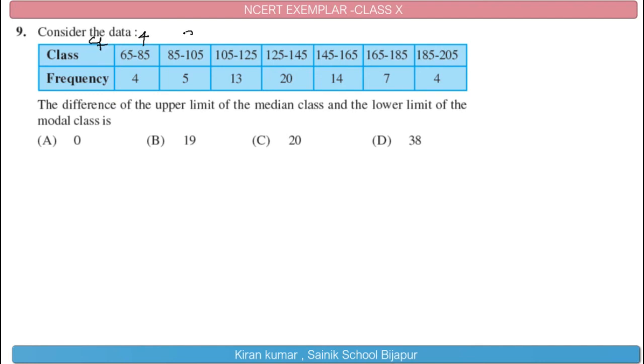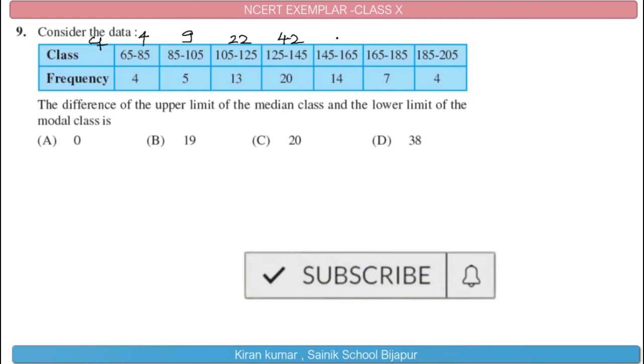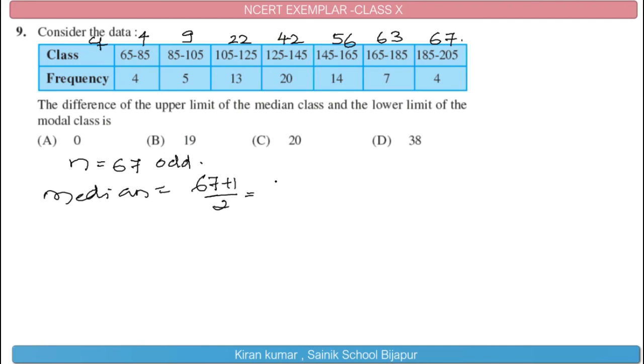The cumulative frequency for this class is 9, followed by 9 plus 13, which is 22, plus 20 it is 42, plus 14 is 56, plus 7 is 63, plus 4 is 67. I have found all the cumulative frequencies. Here n value is 67, which is an odd number, so the median will be 67 plus 1 upon 2, which is the 34th term.